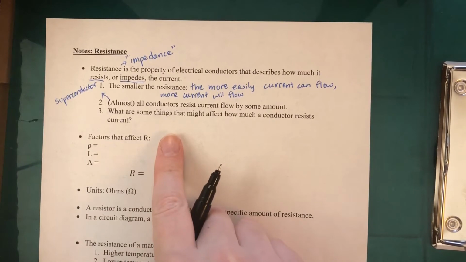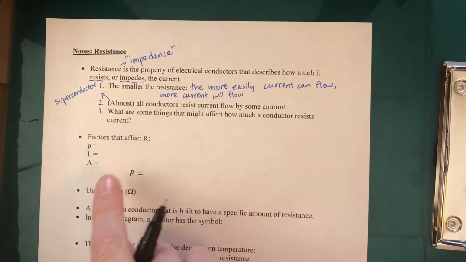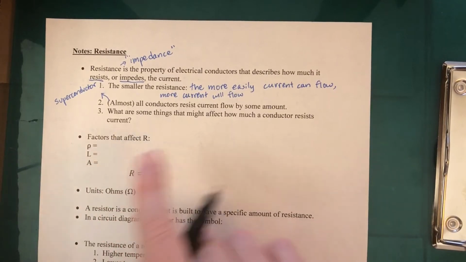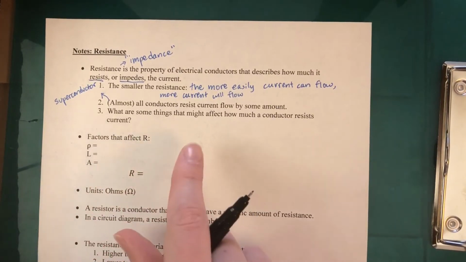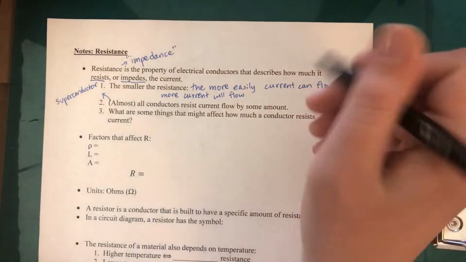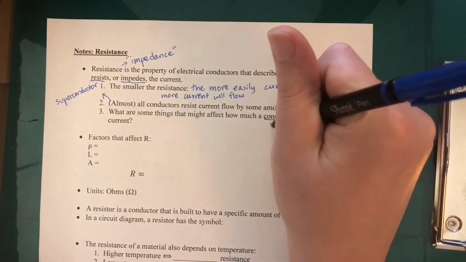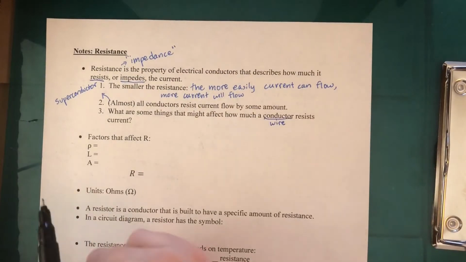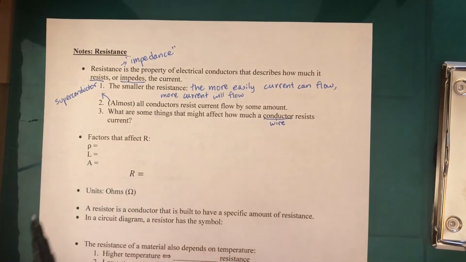Try to think about some things that might affect how much a conductor resists current. So if I have a conductor, which is usually a wire, what are some things you might want to know about that wire in order to guess the resistance?